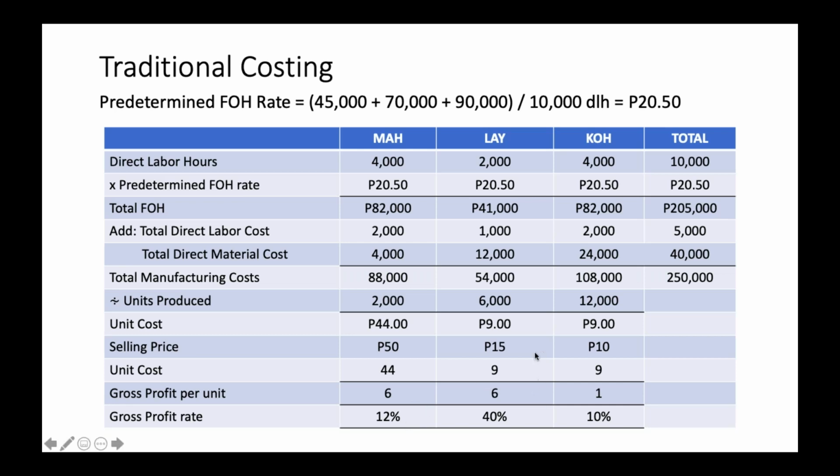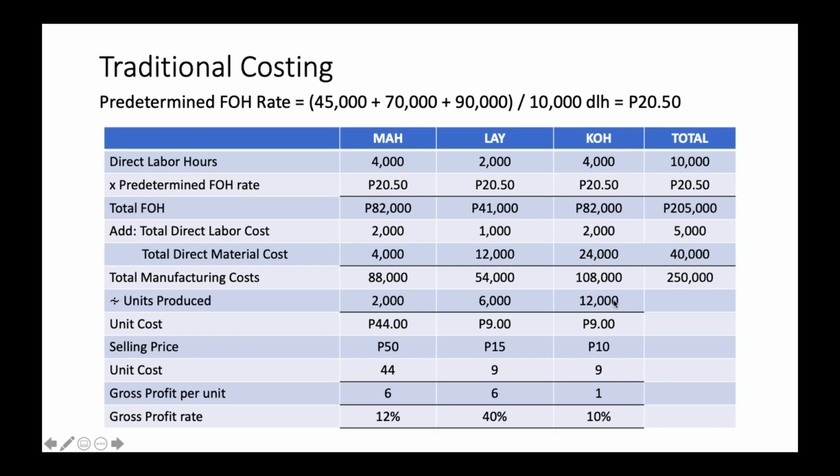For Lai, selling price of 15 less unit cost of 9, we have a GP rate of 40% or 6 pesos over 15 pesos. For Ko, that's 10 pesos selling price less 9 pesos unit cost, we have a GP rate of 10% or 1 over 10.